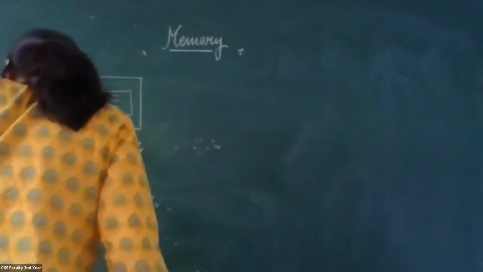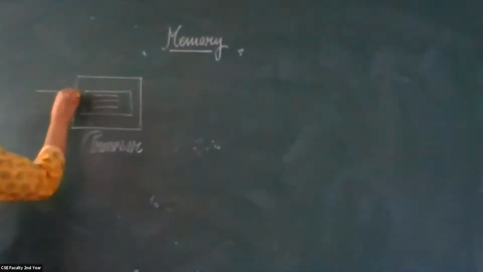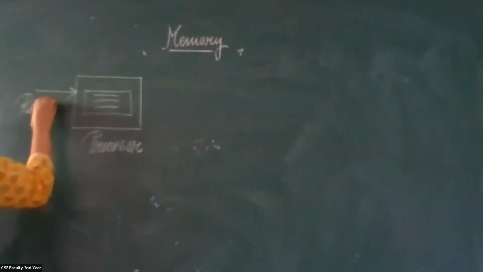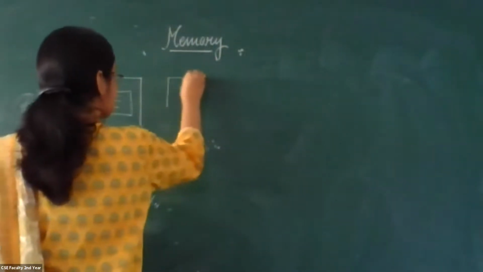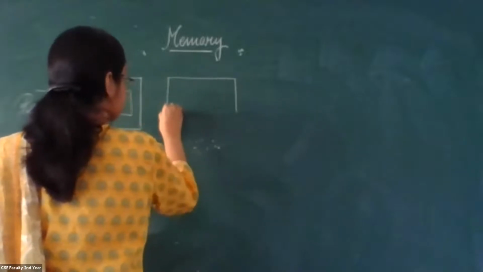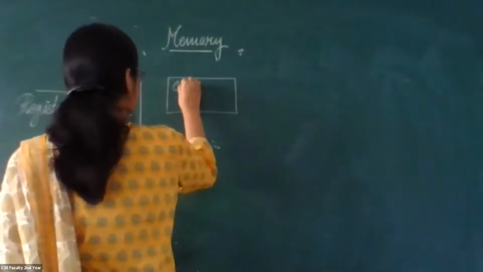What is the difference between RAM and ROM? Ma'am, one is volatile memory and the other one is non-volatile memory. That's RAM and ROM.